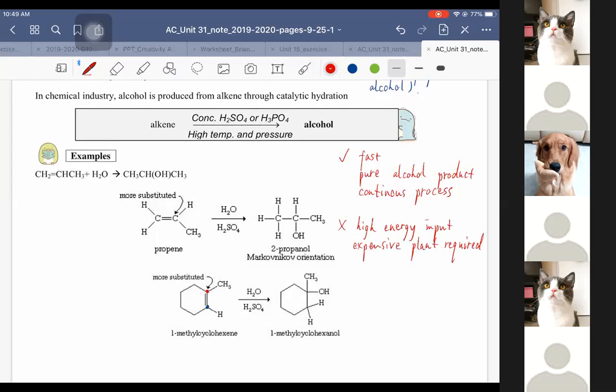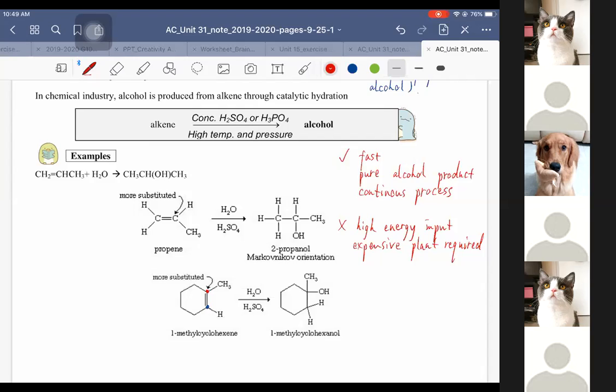Okay, and finally, look at the raw materials we use here. It's alkene. Alkene we have learned we get from fossil fuel, which is a non-renewable energy.